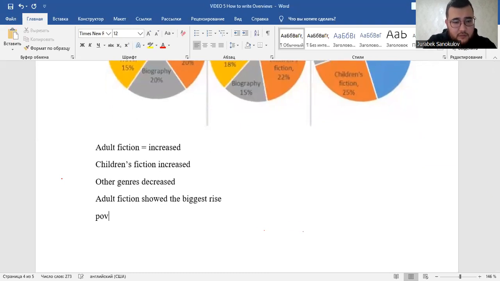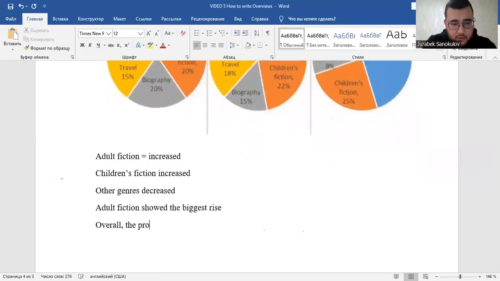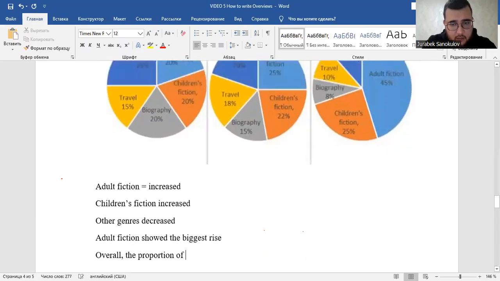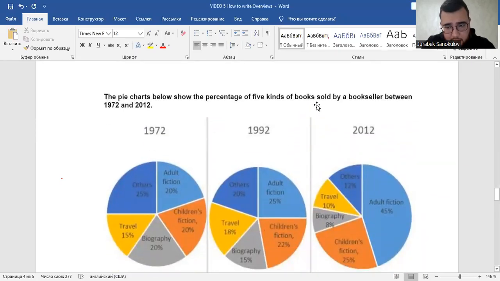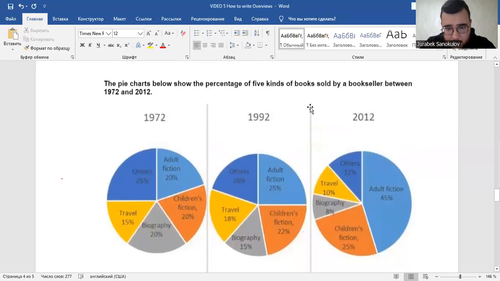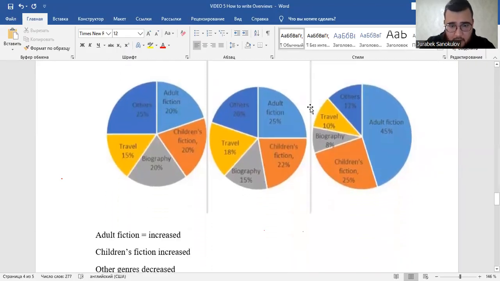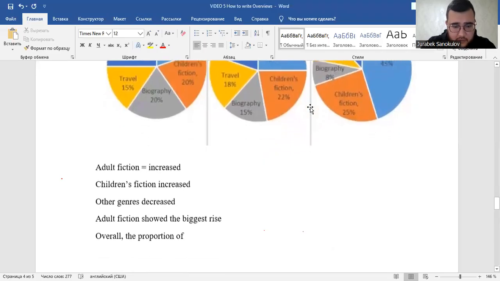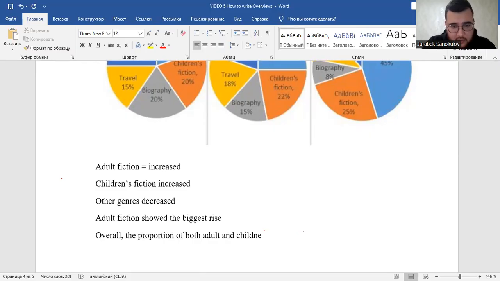Let's just say, so overall, the proportion of both adult and children's fiction increased, with the former seeing the biggest percentage change. I don't have to capitalize this, I guess.